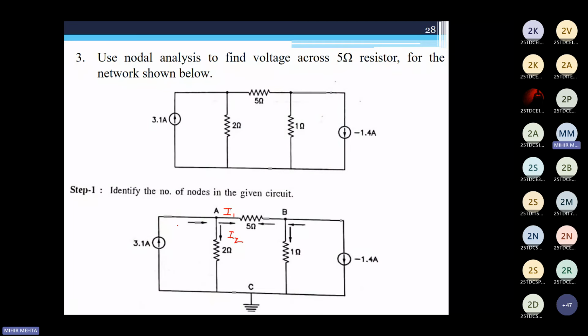So can I say my 3.1 amperes is equal to I1 plus I2? Do you understand this? Can I say my 3.1 ampere current entering the node A is equal to I1 plus I2, which is the current leaving the node A? Is this clear? Any doubts here?